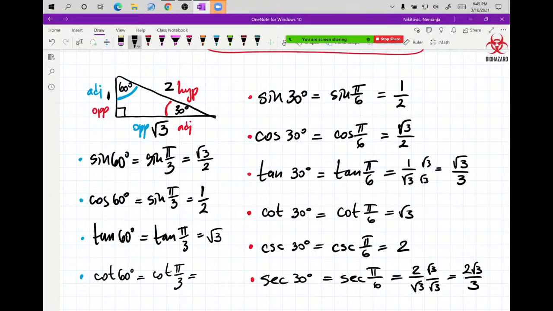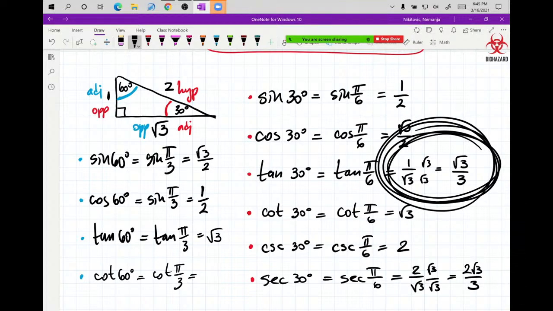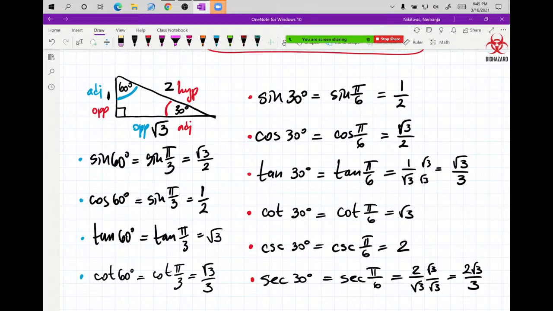If it can't be 1 over square root of 3, so it has to be square root of 3 over 3. Yeah, it's the same, right?